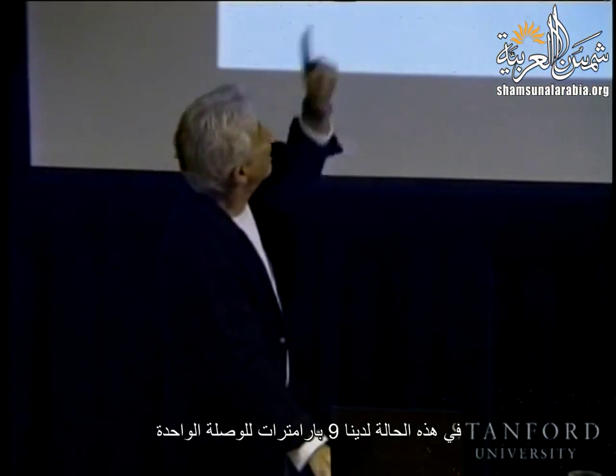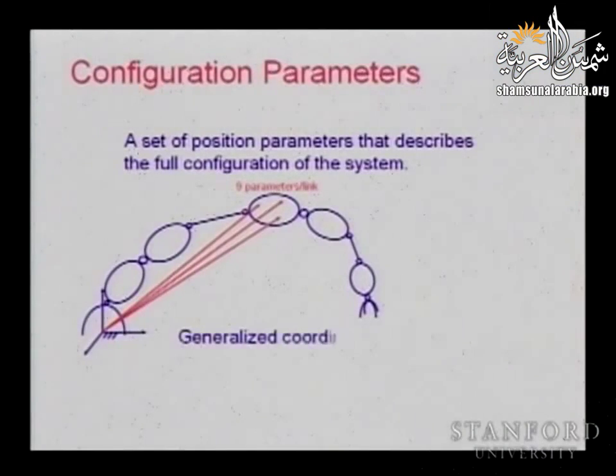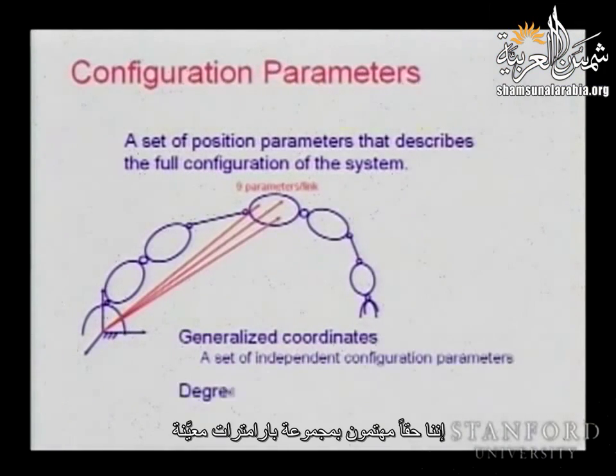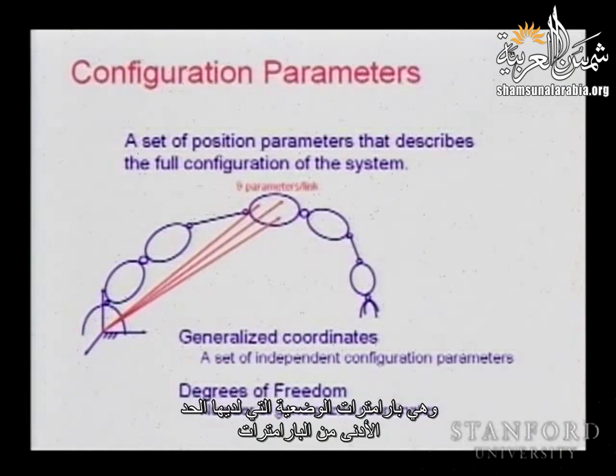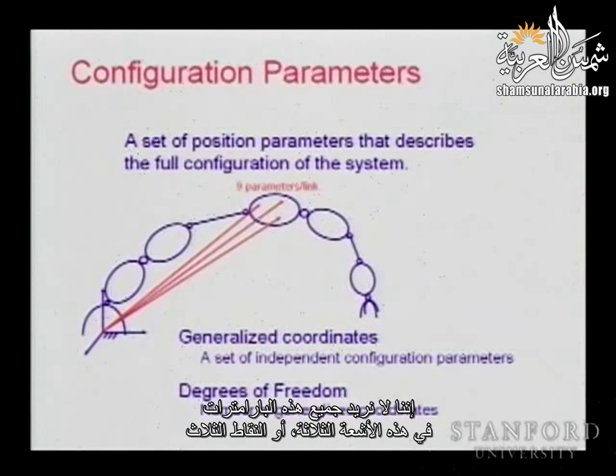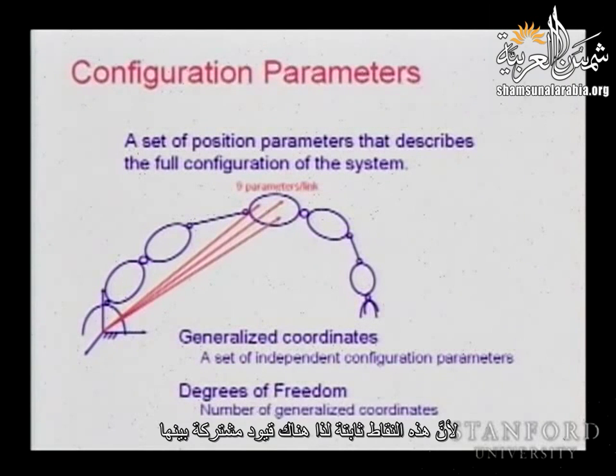So in this case here, we have 9 parameters per link. Now, we are really interested in a particular set of configuration parameters that has a minimal number of parameters involved. We don't need all these parameters in those 3 vectors, 3 points, because the points are fixed.